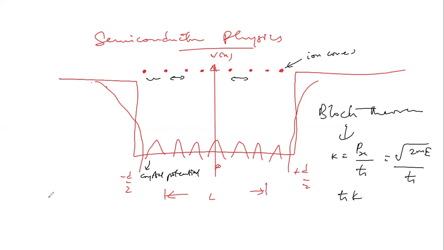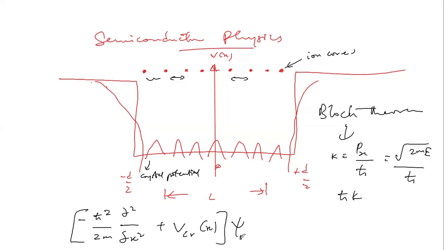And with this, we can now say that this is what you already know from the Schrödinger equation: h-cross squared over 2m, d squared by dx squared, plus V_cr of x, psi_Ek of x, is the same as E_k psi_Ek of x.